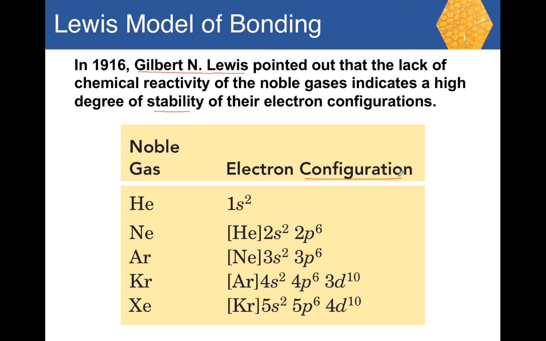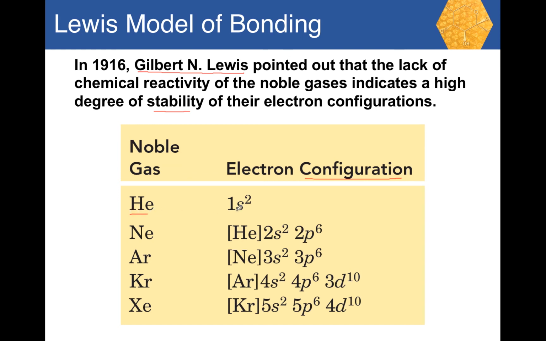Remember again, electronic configuration is just a description of the electrons in the orbitals of an atom. What he observed for the noble gases was that the outer shell of these atoms was full.